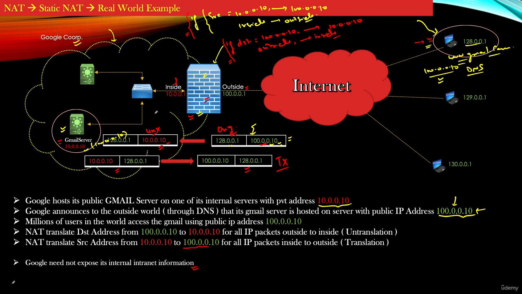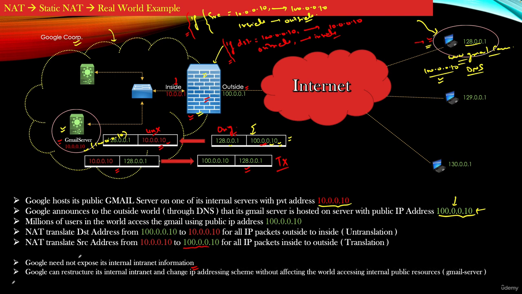Google need not expose that its Gmail server is actually running on some IP address, for security reasons. Google can restructure its internal intranet and change its IP address scheme without affecting the world accessing internal public resources, for example, the Gmail server.